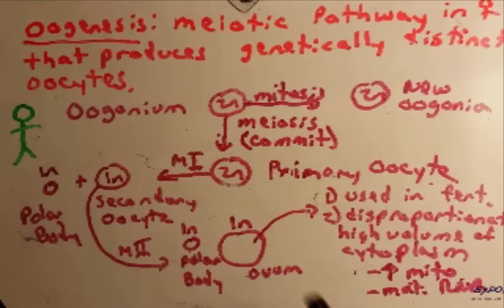When the sperm fertilizes this egg, the mitochondria in this egg will be responsible for all the energy needed for those early divisions of that early embryo. In fact, none of the sperm mitochondria get into the egg at all, and we'll talk about that later. In addition, all of these maternal RNAs will be translated into proteins necessary for early embryonic development. So it's very important that this egg is as big as it is, disproportionately large.